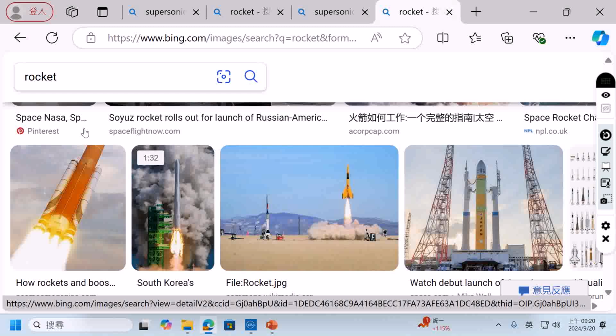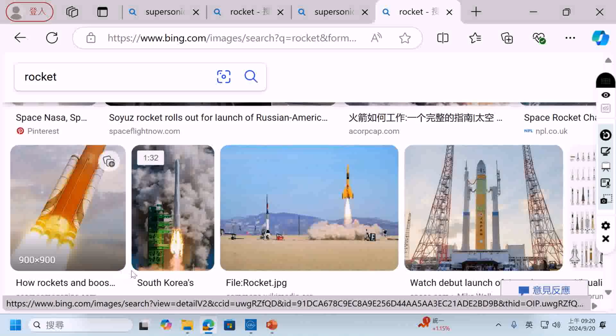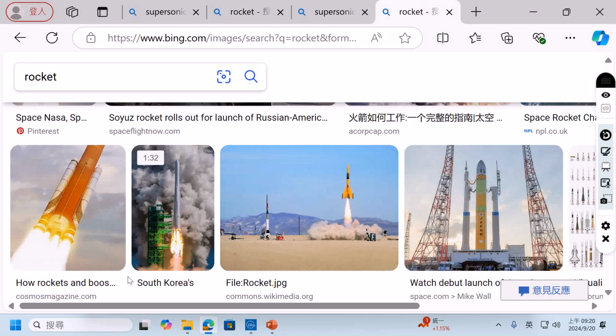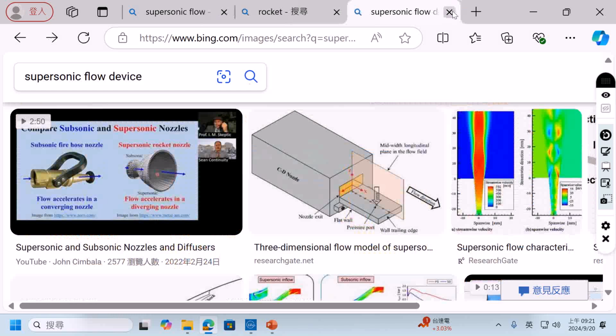I don't remember which chapter, but in the compressible fluid chapter you will see all the equations showing how the velocity of the fluid can reach the sonic speed and then become supersonic. Okay, let's come back here.